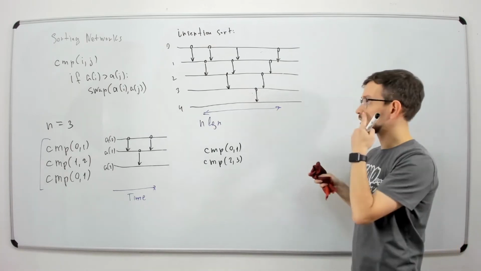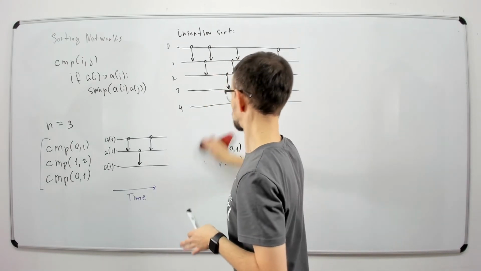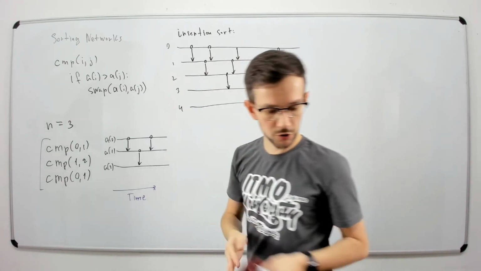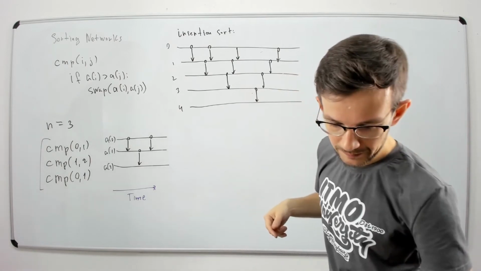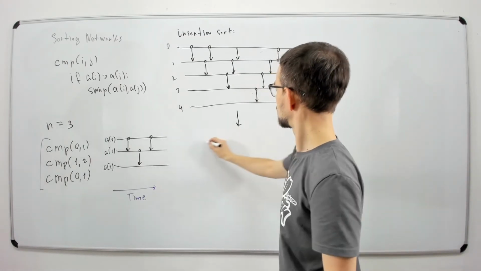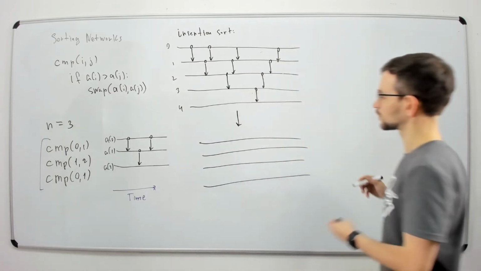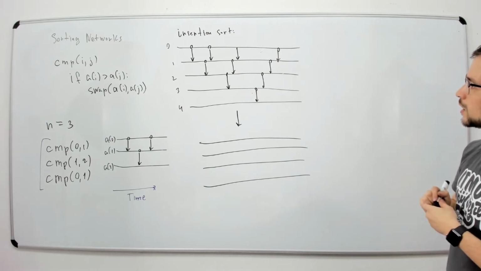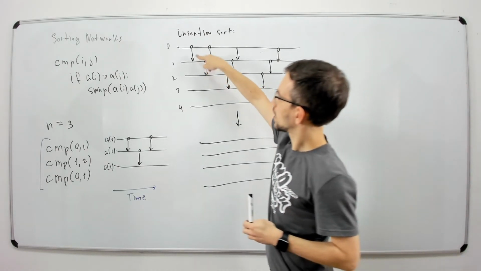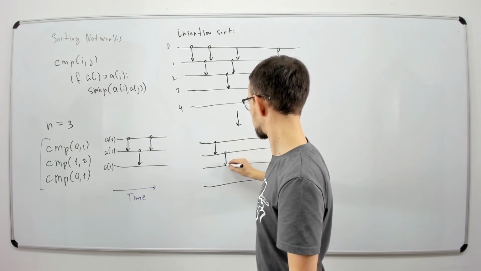Now, how will we change this scheme if we are allowed to make simultaneous calls of different comparators? Let's draw it like this. Again, first we have this comparator, and then we need this comparator.